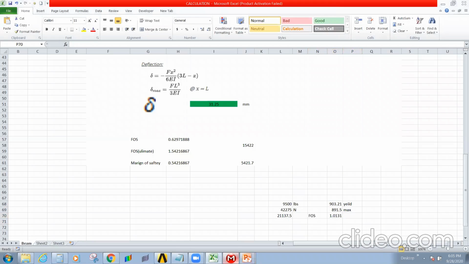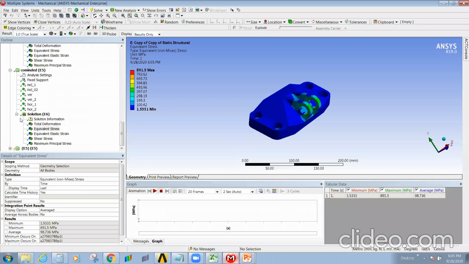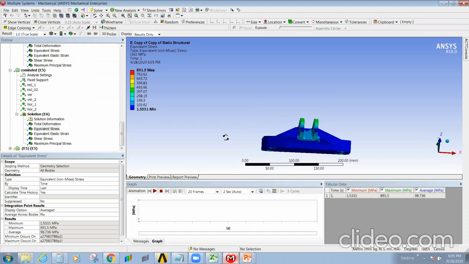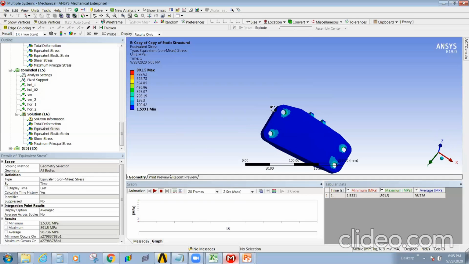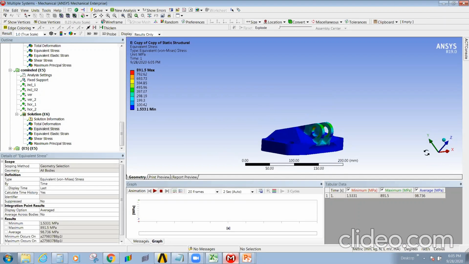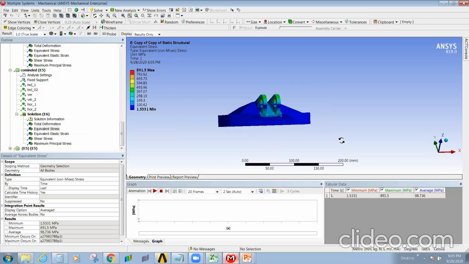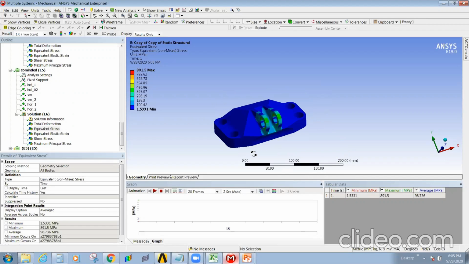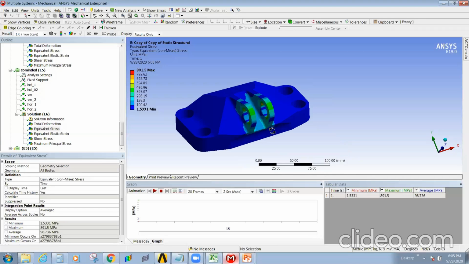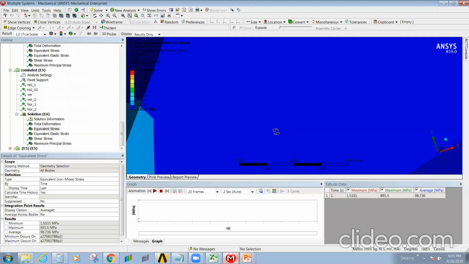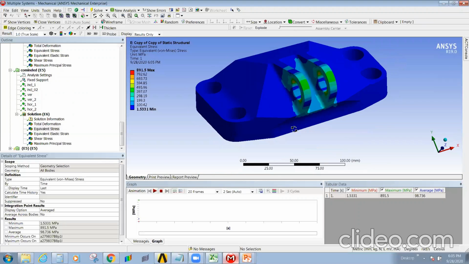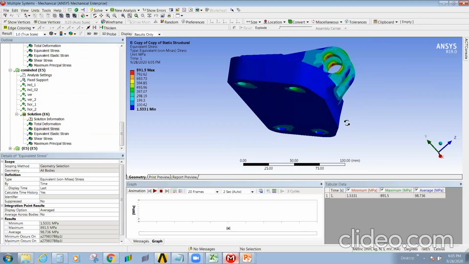Okay. So which will be your critical zone now? How do you identify your critical zone? For a combined load case, your lugs are more critical, your lugs as well as your bolted region, or you can ignore the bolted region because they are constrained. So you can consider your lug as a more critical region because it has a margin of only 1.